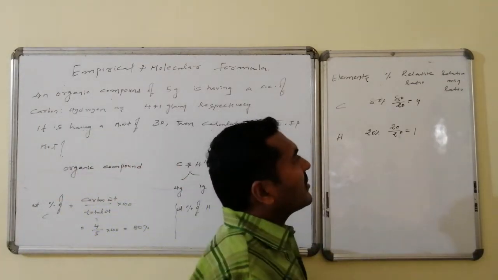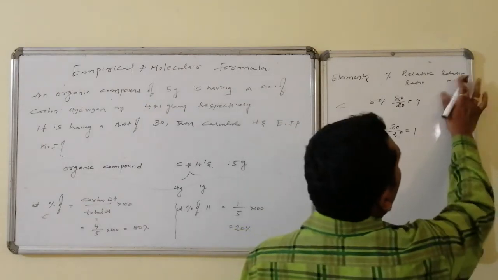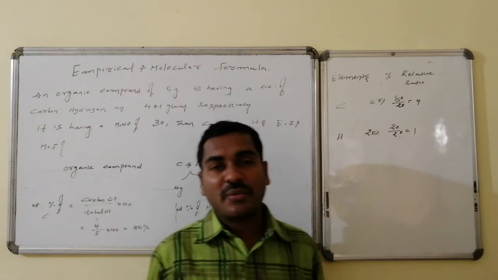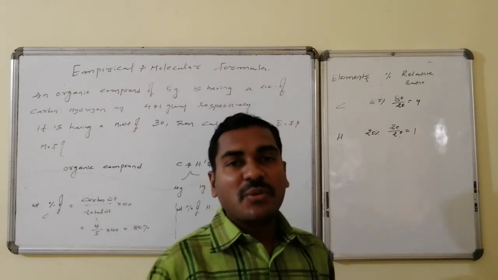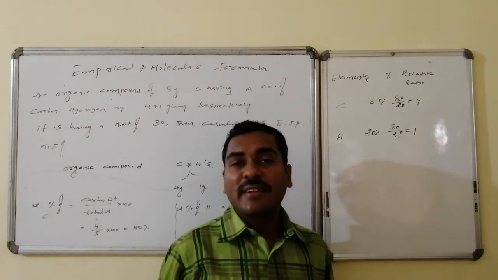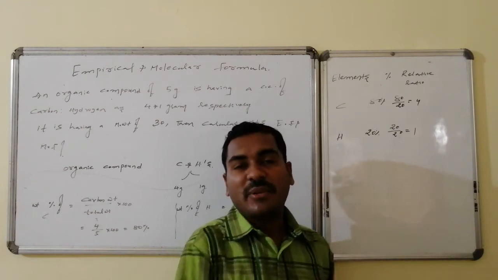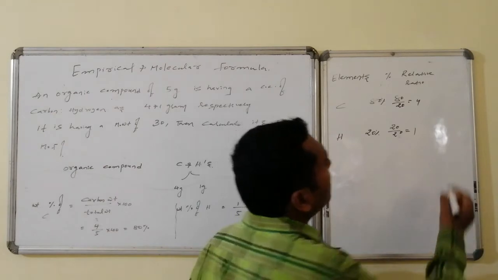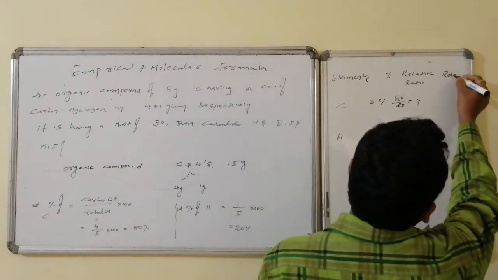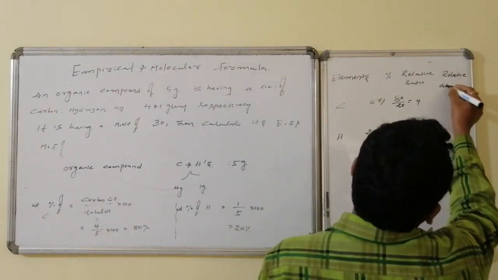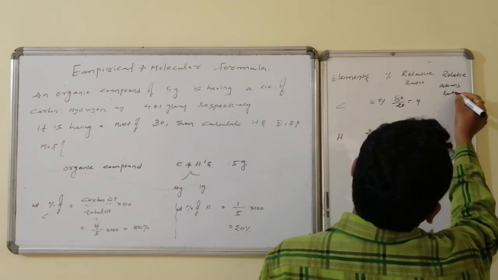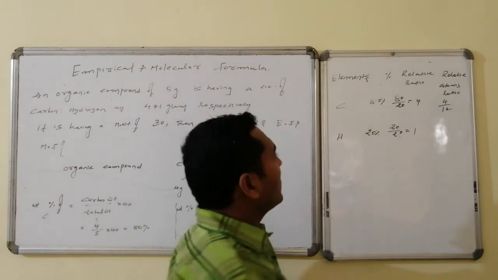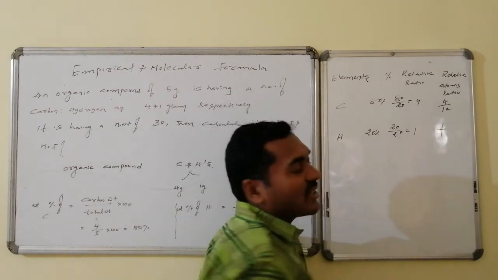But here, after knowing the relative weights ratios, we want to know the relative minimum number of atoms. This is the relative weights ratio, whereas we are expecting the relative atoms ratio. Then how do we get the atoms ratio? Divide this weights ratio by the corresponding gram atomic weight. So the relative atoms ratio is 4 divided by its atomic weight 12, whereas 1 divided by its atomic weight 1.